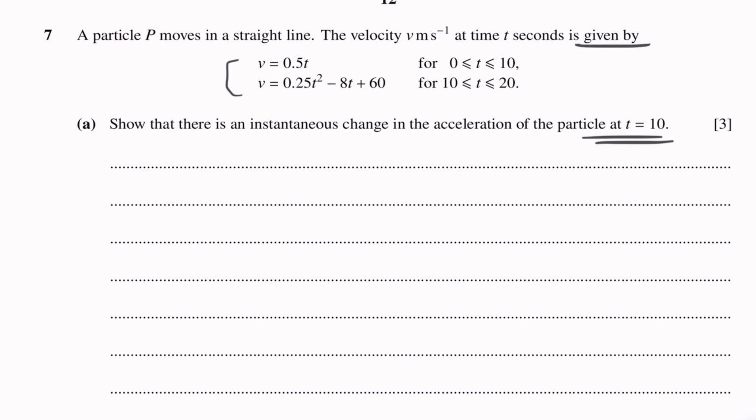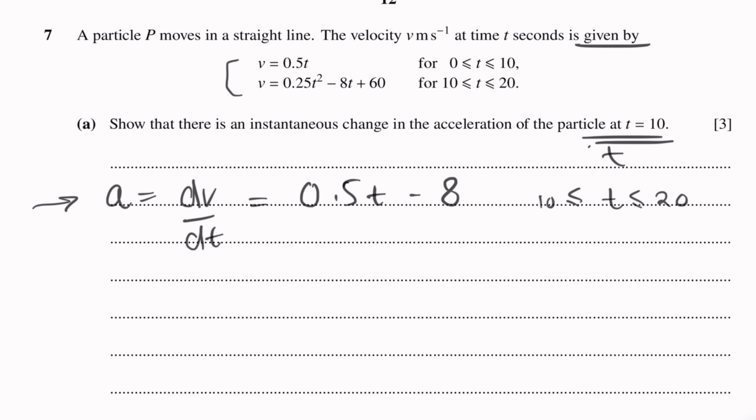We know that acceleration equals dv on dt, or the rate of change of velocity. And so if we differentiate velocity, we can say 0.25 times 2, that's equal to 0.5t minus 8 for the derivative. This is the acceleration in part 2, when time is between 10 and 20.